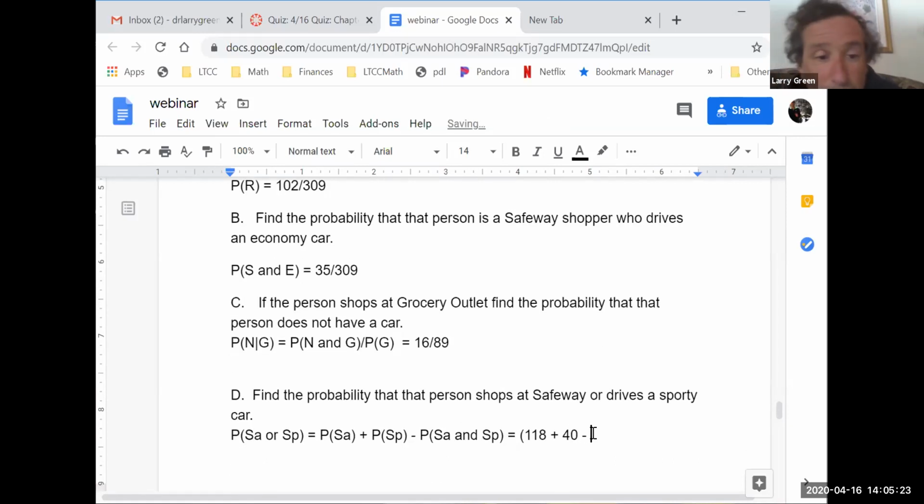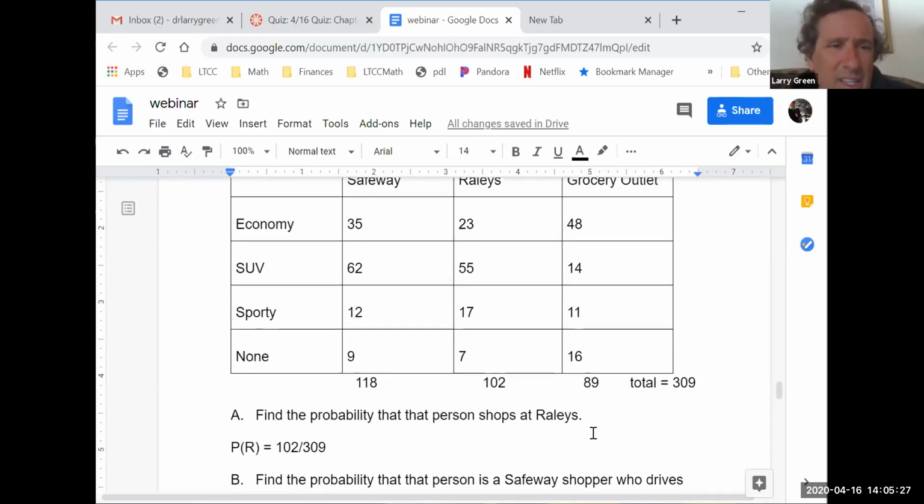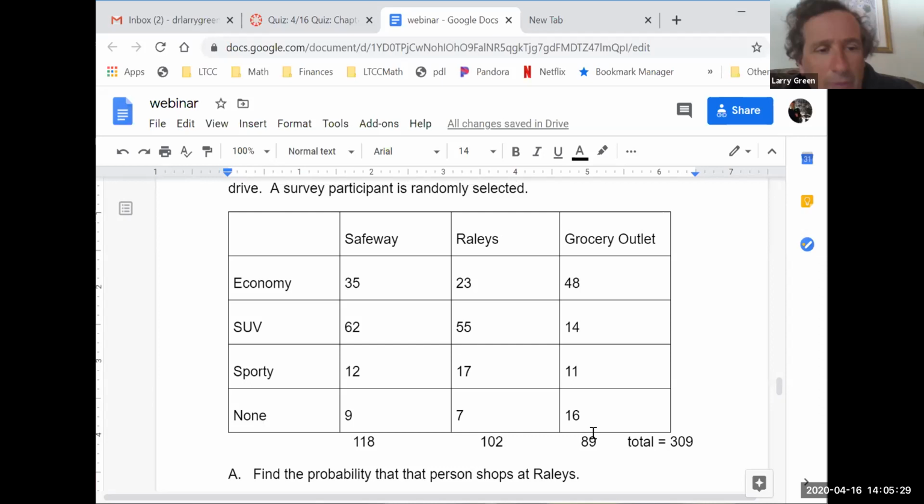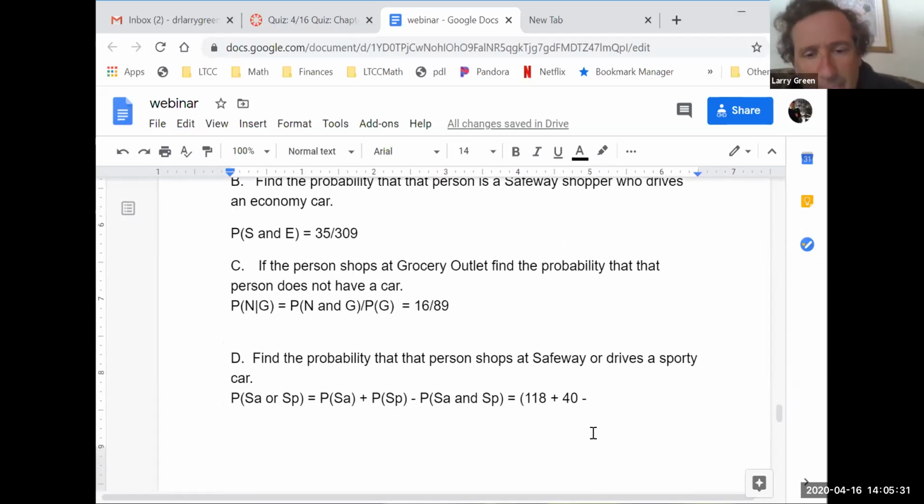And then we've got to subtract the Safeway sporties. And there were 12 of them. And that's divided by the 309.